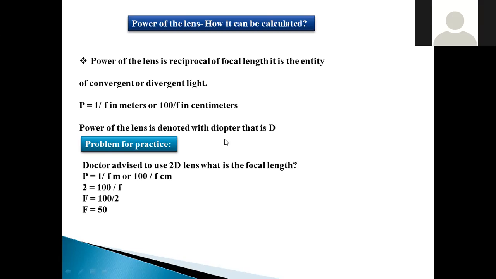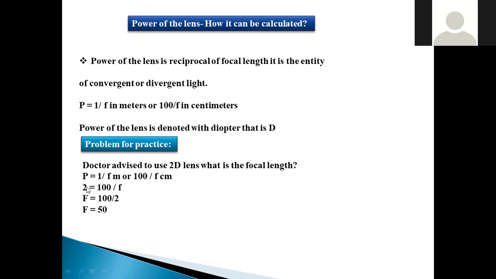So this power is denoted with the term D. D stands for diopter. Now let us see how it can be calculated. Already we know the power is the reciprocal of focal length. That means P is equal to 1 by F in meters, or 100 by F in centimeters, right? So if the doctor suggested a 2D, 2 diopter lens, then what will be the focal length?